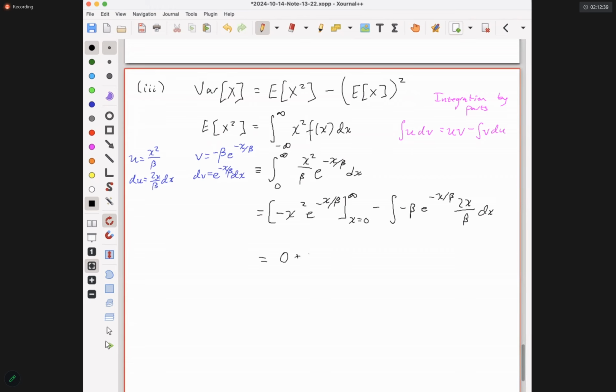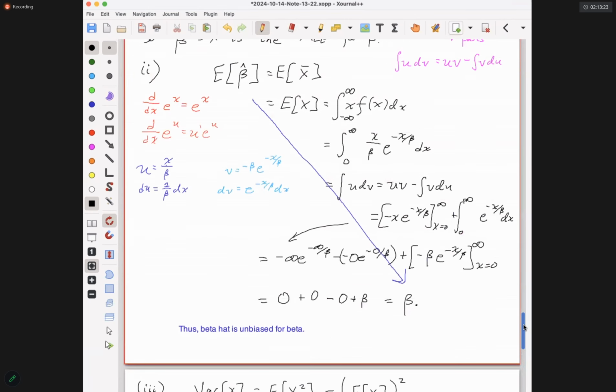And we plug in 0 for x there, and we're going to get 0 as well for that. So that's just 0. And then this one simplifies to plus 2x e to the negative x over beta dx.